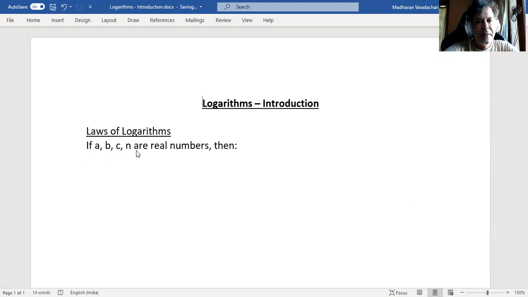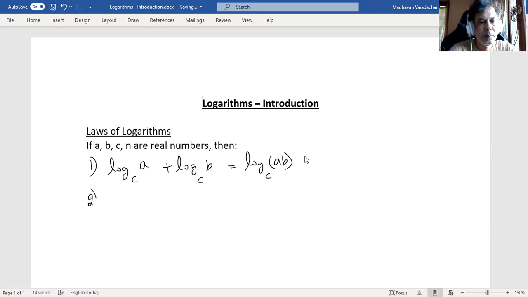If A, B, C, N are real numbers, then number one, logarithm of A plus logarithm of B, both with a common base C, is given by log AB to the base C. This is basically what you can call the multiplication rule.